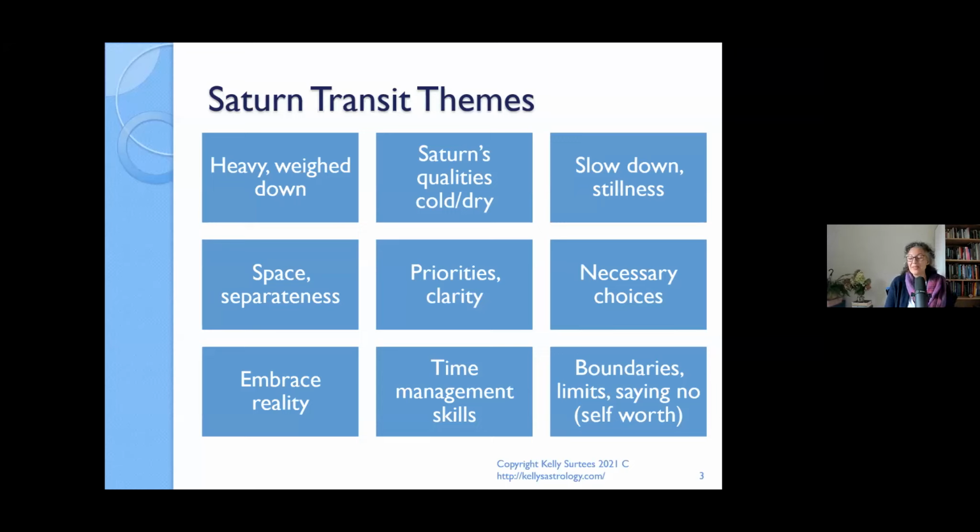And so if you feel like you're dealing with delays or limitations in a Saturn transit, it may be a clue that prior to that, you had been moving a little too quickly, and to go deep and to really do the restructuring that the Saturn transit is indicating, you may have to go slower.